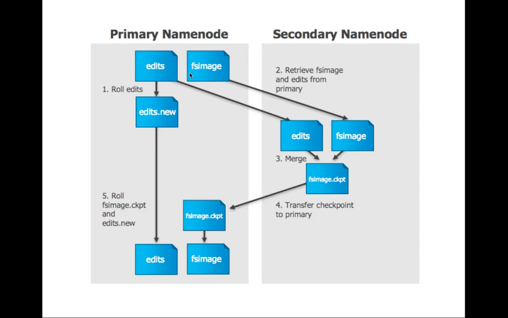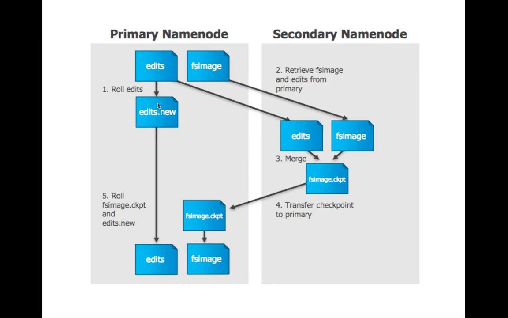Both these files will be pulled by the secondary name node onto its local system, a location which is configurable. I will show you where it will pull them. These two files will be pulled onto the secondary. It will merge the edits and fs image and push the result back to the primary. It will again be renamed to fs image, and edits.new will be renamed to the edits file.